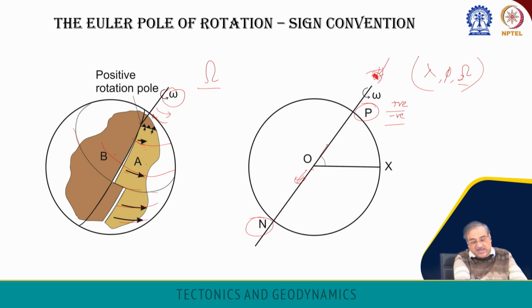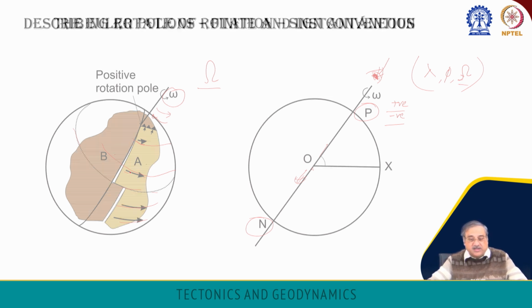So you can see that the relative velocity vectors that you have to draw will all have to be parallel to small circles with respect to that particular Euler pole of rotation. Any two pairs of plates, their motion can be described by the motion of one plate with respect to another. And whenever we're describing the rotation of one plate with respect to another, we know that they must be moving in small circles.